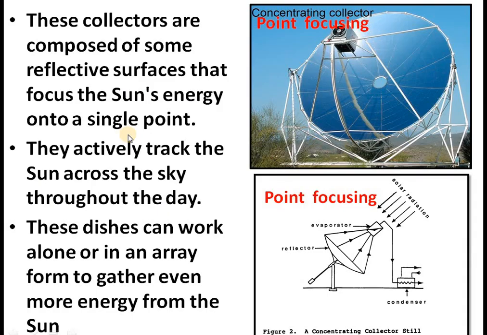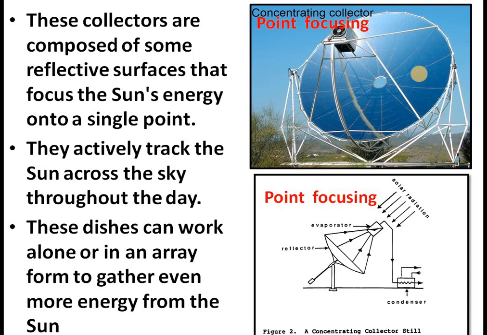Let us have a few more details about point focusing. These collectors are composed of reflecting surfaces that focus the sun's energy onto a single point. Here a plain photo is shown. Instead of that plain one, you can have small plates pasted on a large dish. You take your usual television dish and paste a number of pieces of mirror on it.